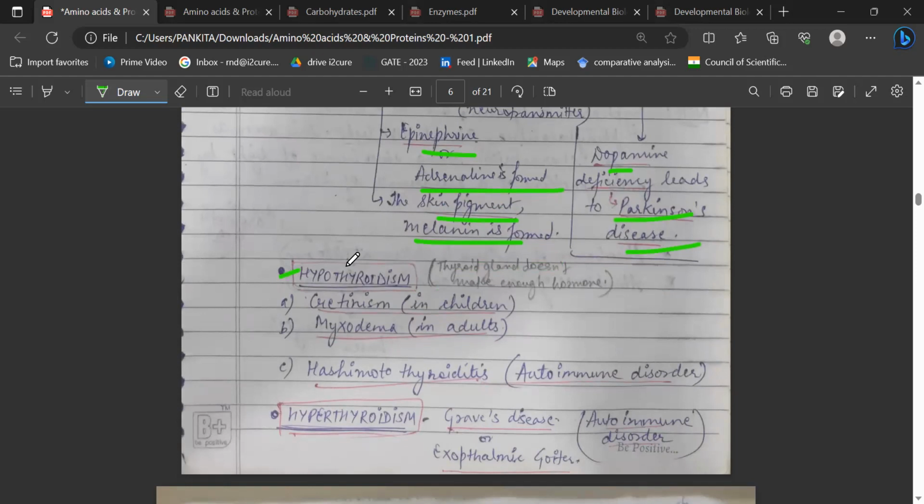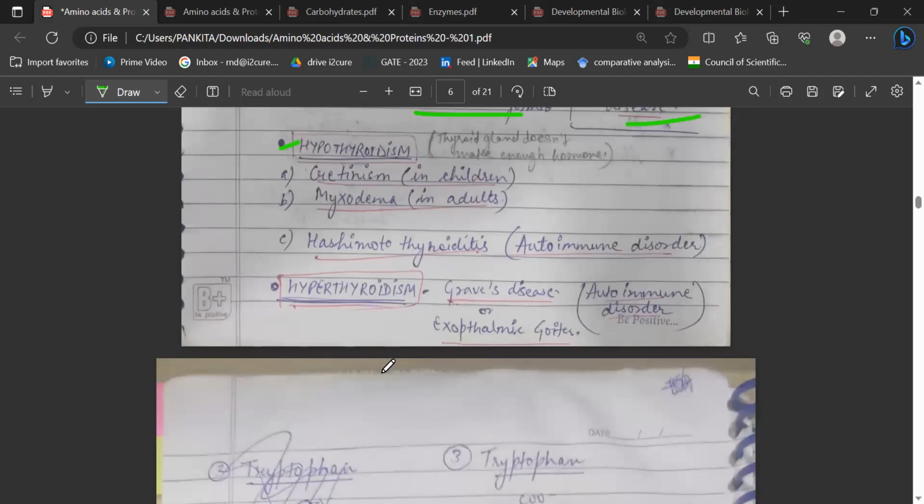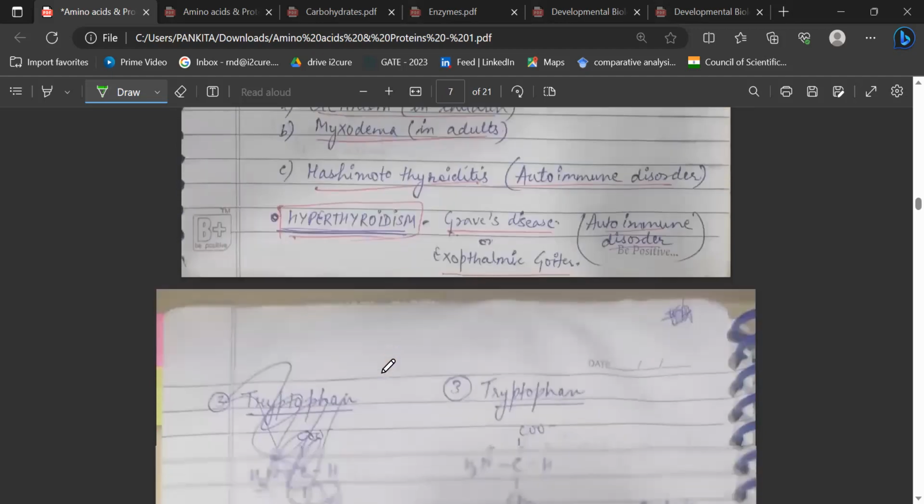In case of children, the hypothyroidism condition is called cretinism. In case of adults, this condition is called myxedema. And in hypothyroidism, there's an autoimmune disorder called Hashimoto thyroiditis. In case of hyperthyroidism, it's called Graves' disease or exophthalmic goiter, which is also an autoimmune disorder.